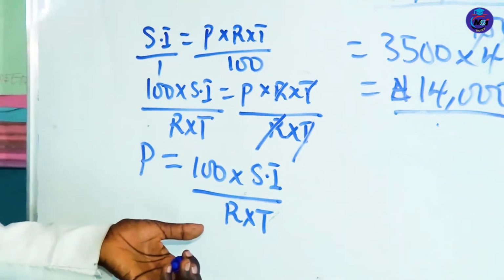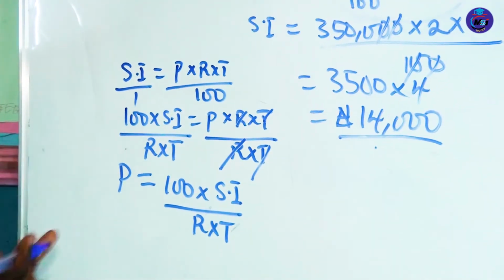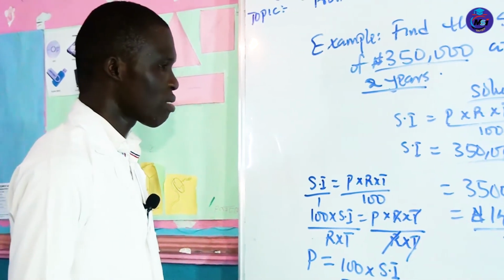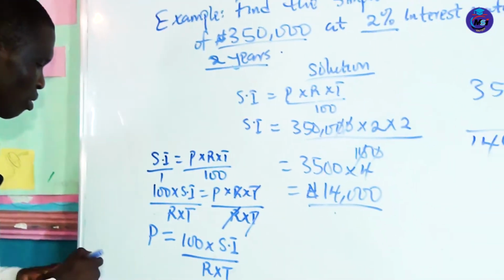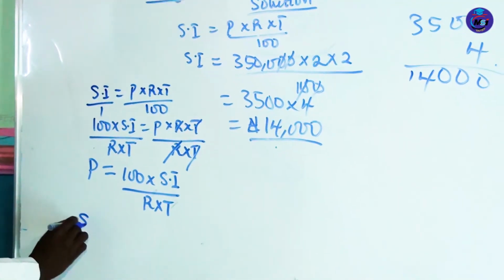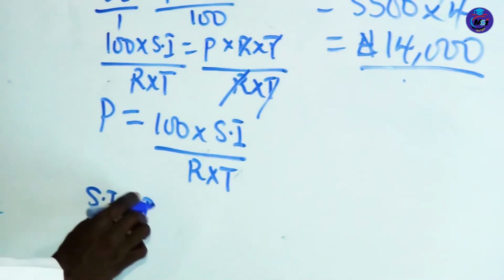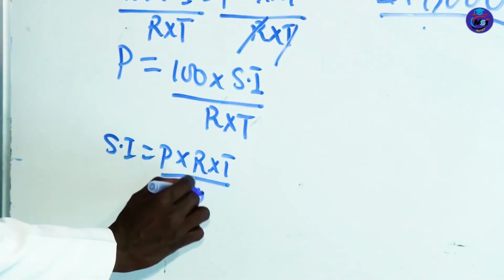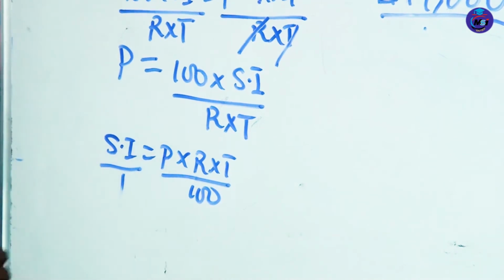The same thing happens with T. If you want to find the value of T, how can you do that? Let me show you. SI equals P times R times T all over 100. Divide this by 1.